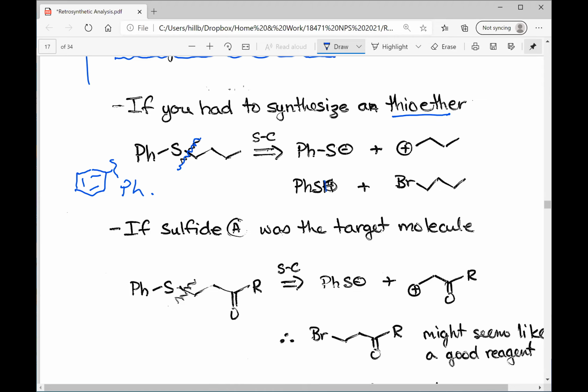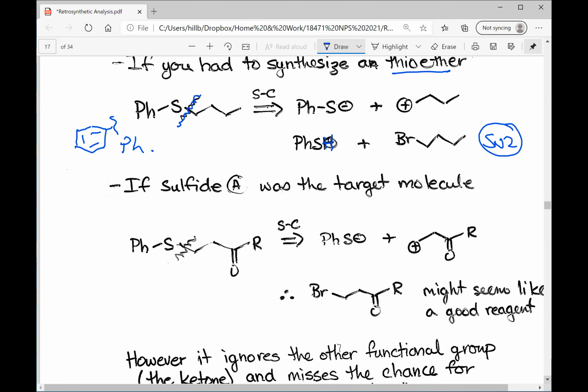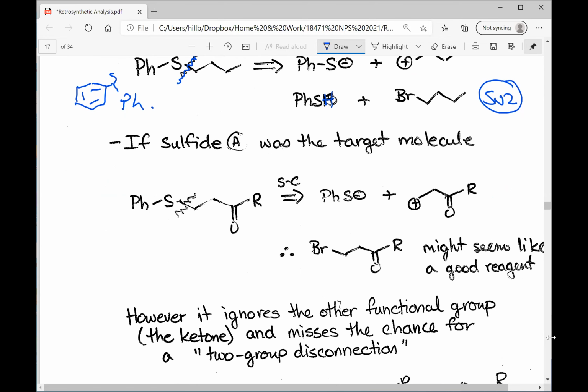So you would have SH and then the bromine, and this would be an SN2 reaction. You hope you don't over-alkylate it, but that would be the way of doing this.